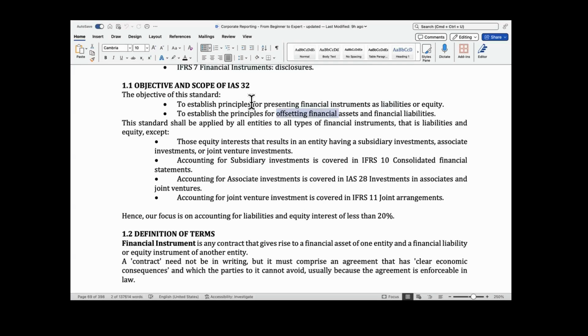But basically, the focus for tonight is this first objective, how to classify an instrument either as a debt or an equity.